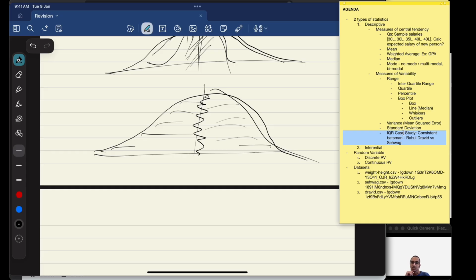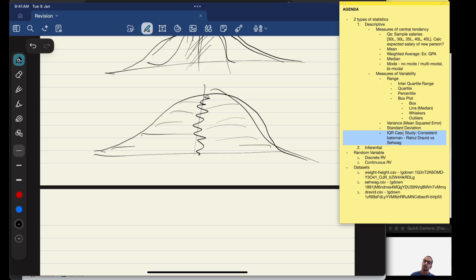You can also find out, like we already used the height example, what is the typical height of a citizen in a country, and how far away is a citizen in the far corners of a country from the typical height that we have measured? Or we can also find out the customer satisfaction levels using measures of variability.